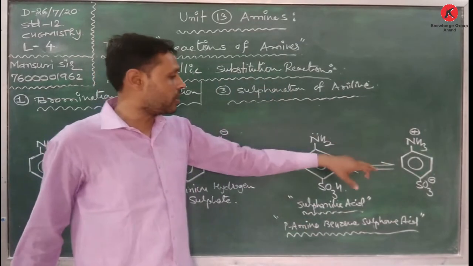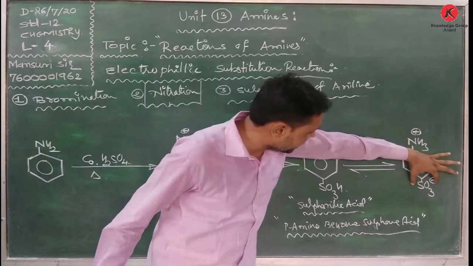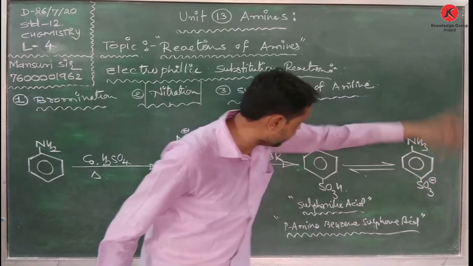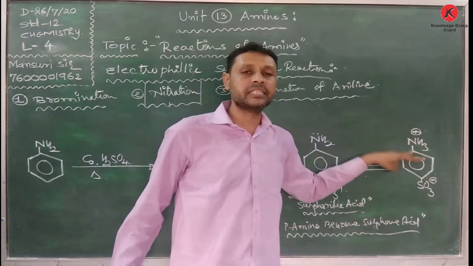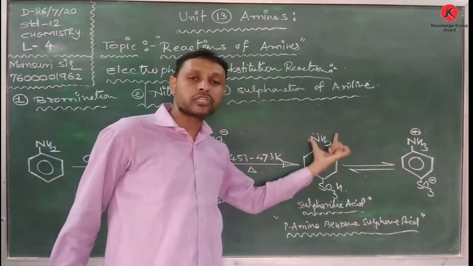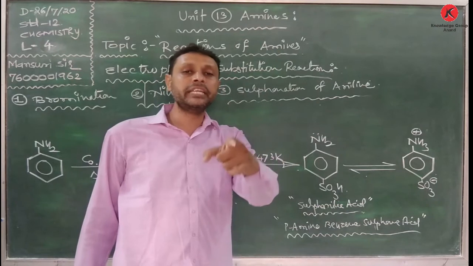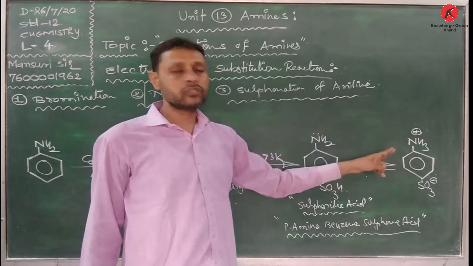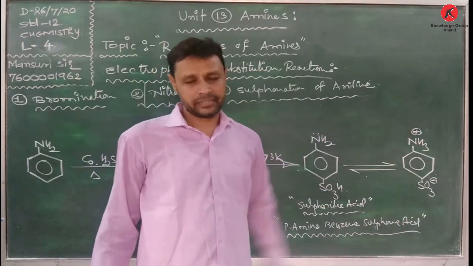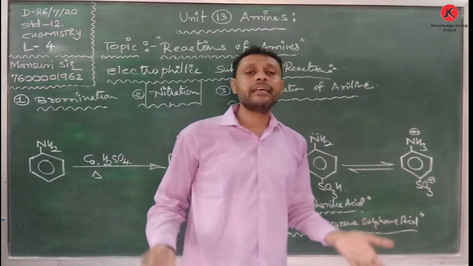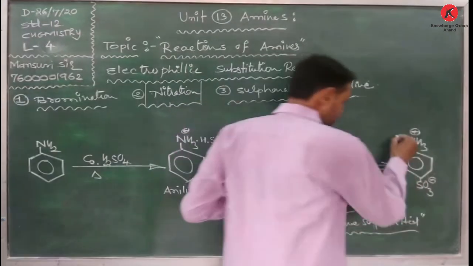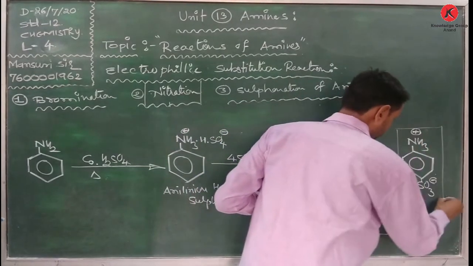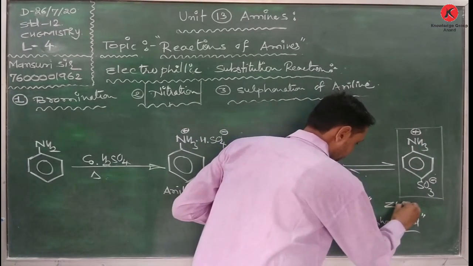Here acidic group and basic group both are present. That is why this substance is amphoteric in nature, and it does both the cation and anion work. That is why it is Zwitter ion.